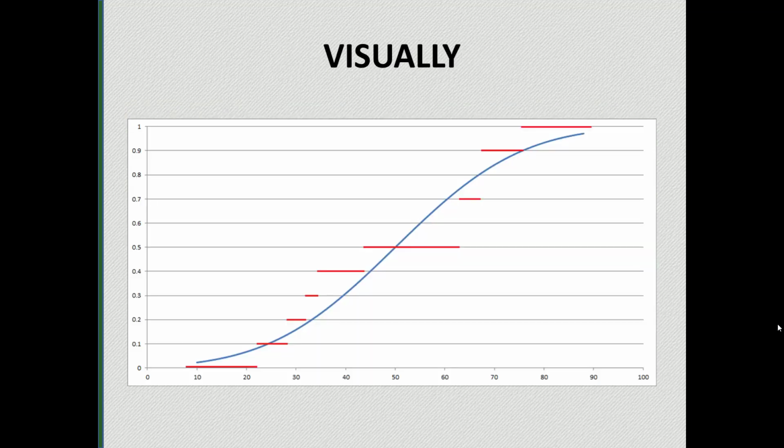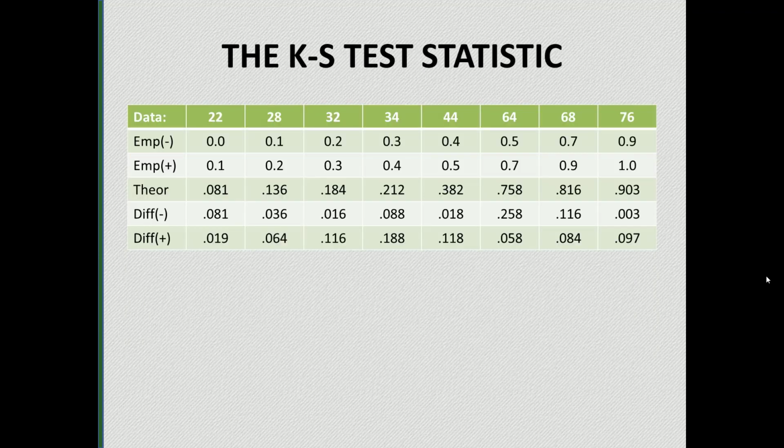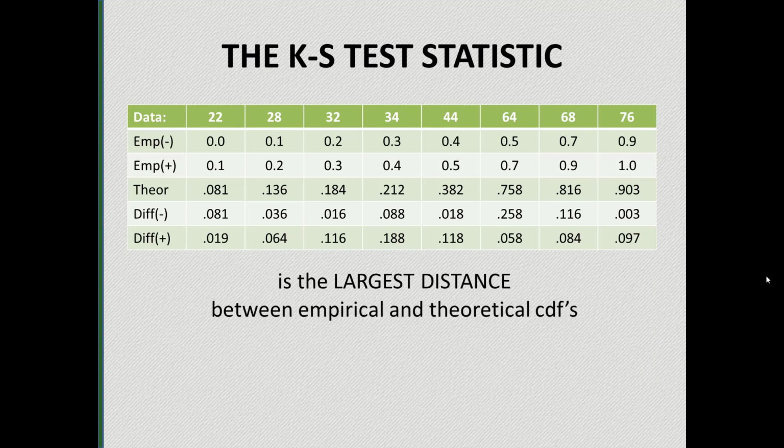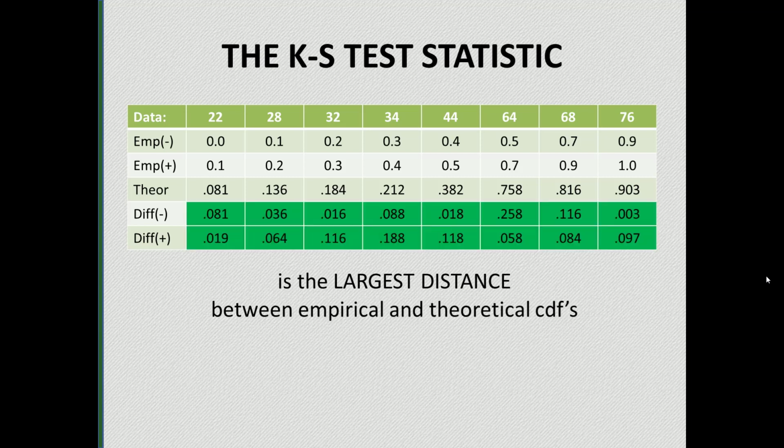And so we do this, visually we're looking at these distances from here to here, from here to here, between the red and the blue. And we do that for all of our data. The Kolmogorov-Smirnov test statistic is the largest of those distances. And so here are all of our distances.